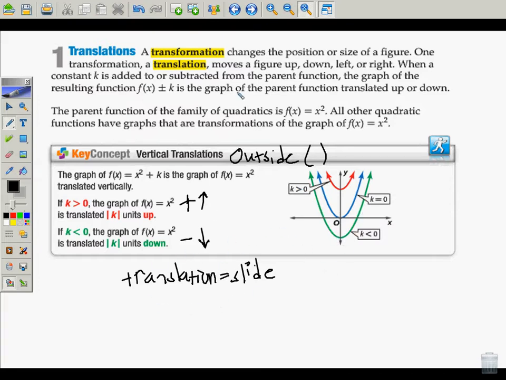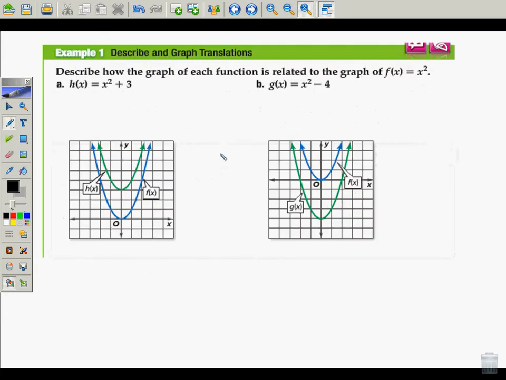So we want to describe how each graph of each function is related to the graph of f of x equals x squared. And f of x is always going to be your blue one, so that's your original. Green is the new one. So we have h of x equals x squared plus 3. Well, what happened to this graph?